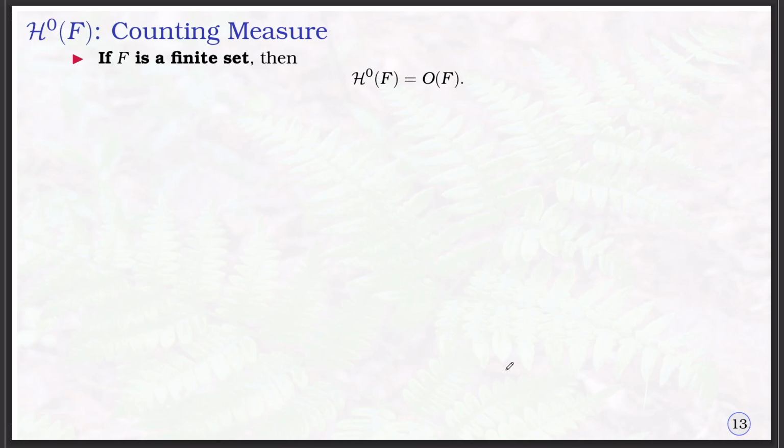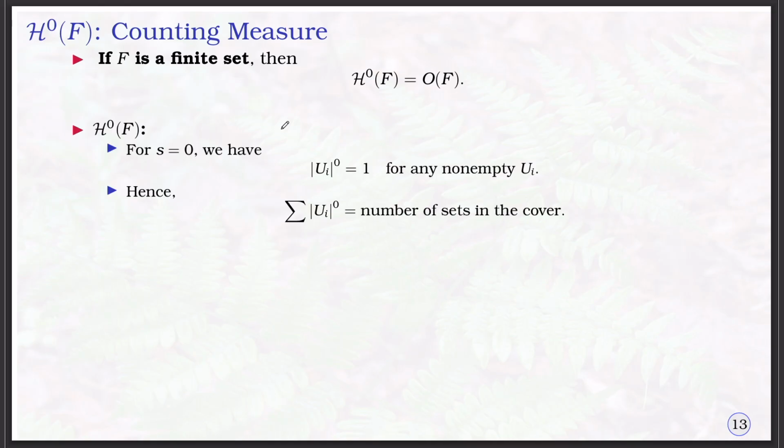Now, let us find the Hausdorff measure for some sets in classical geometries. H0 of F gives the counting measure, which we will discuss here.